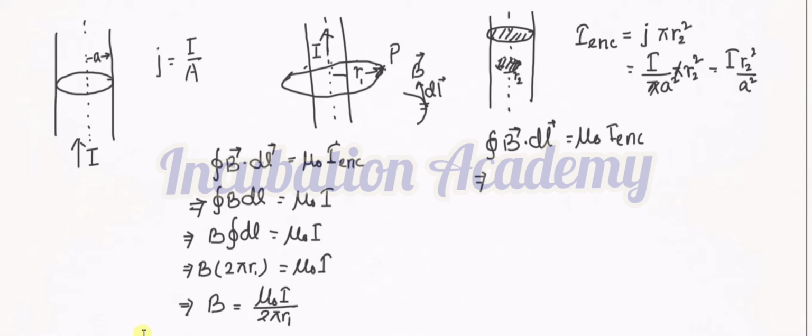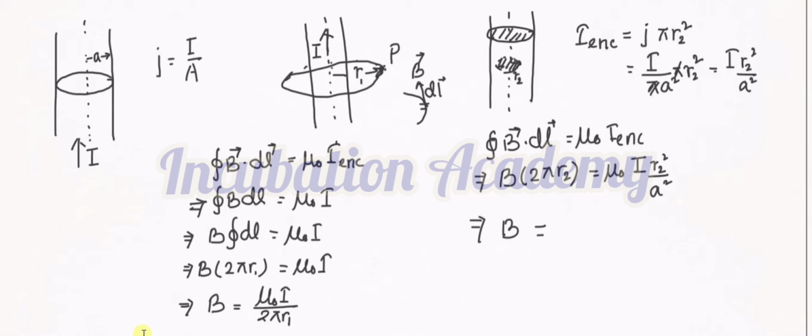For the obvious reason that B and dl are parallel to each other, cos 0 degrees, which I discussed just earlier, and B can be taken outside the loop. So simply we get B into 2 pi r2. I am not discussing that because I just discussed it for the previous case. So it is mu naught, and I enclosed is I r2 square divided by A square.